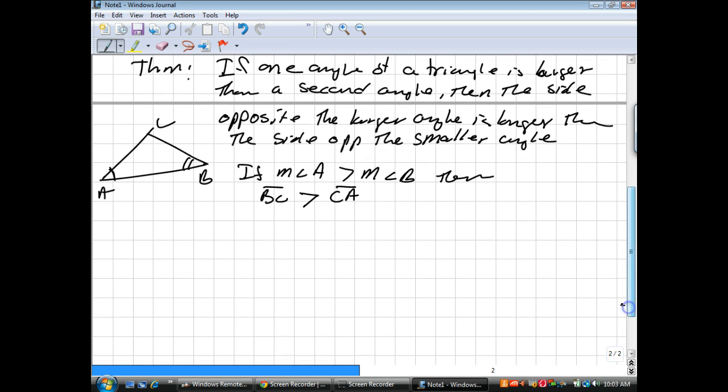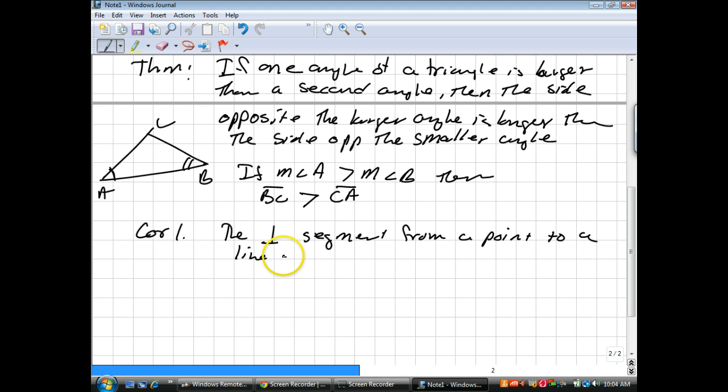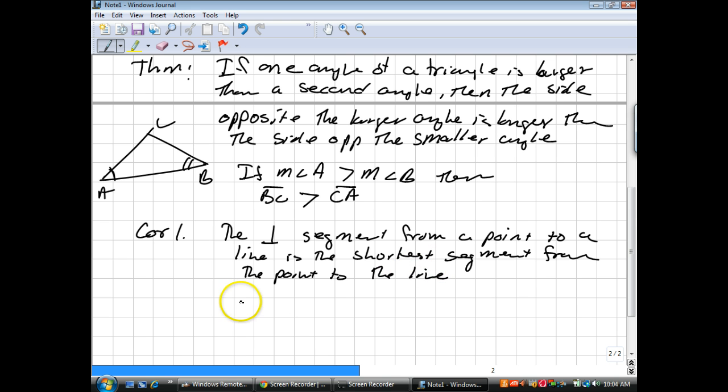Alright, and then corollary 1: the perpendicular segment from a point to a line is the shortest segment from the point to the line.